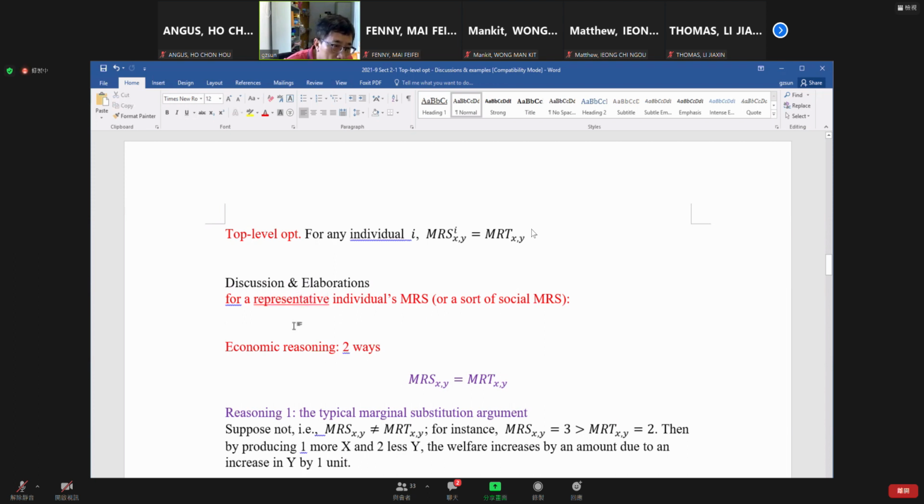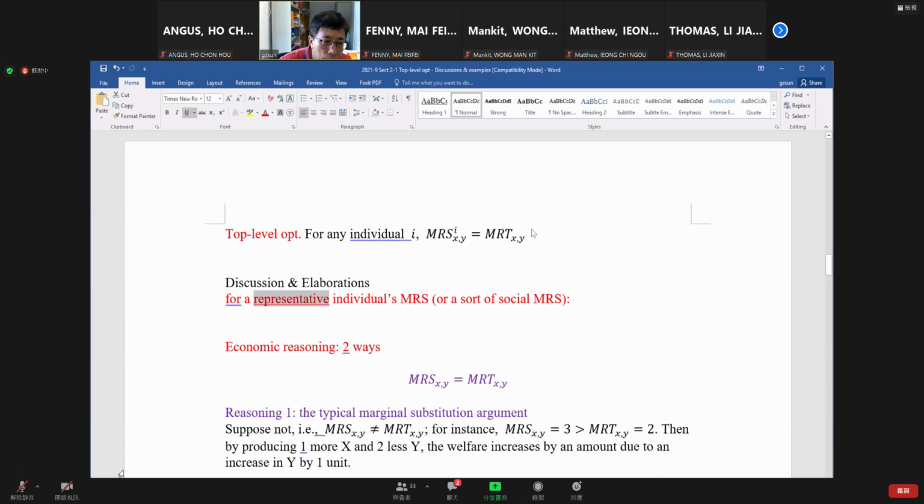What does that mean? We are the same. So that person's preference is also the preference for everybody. And then based on this strong assumption, we offer such an argument.